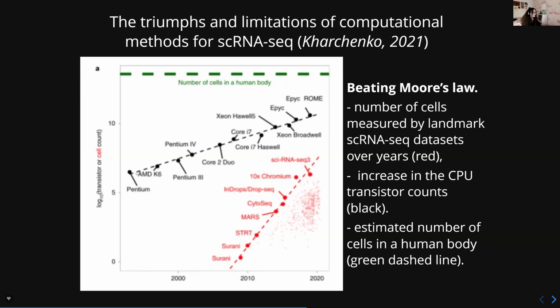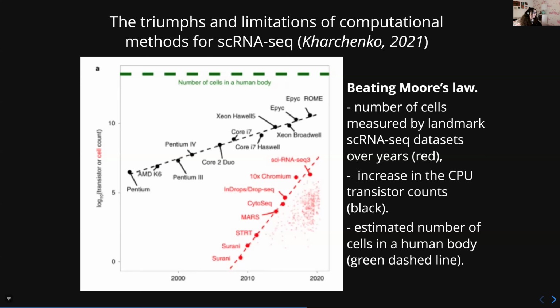As you see, there is a certain increase in computation capacity, and actually there's an even more peaked increase in the number of cells measured by these landmark data sets with the different technologies that have been developed over the years.